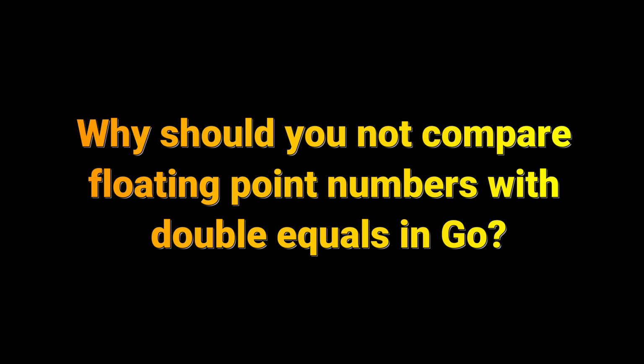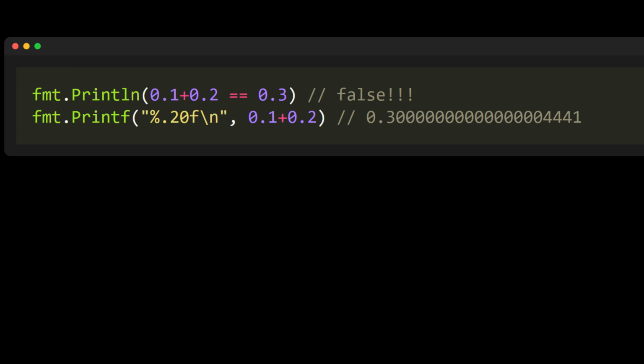Question: why should you not compare floating point numbers with double equals in Go? Answer: you should not compare floating point numbers with double equals because they are not always stored exactly in memory. Many decimal numbers, like 0.1 and 0.2, cannot be represented perfectly in binary form.